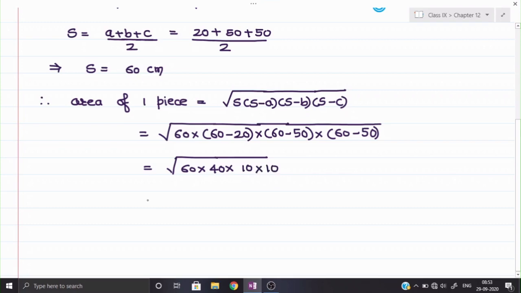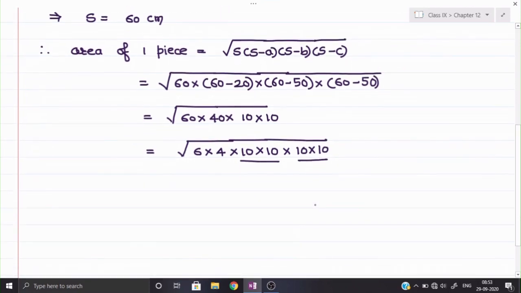Now see, 60 and 40 I will write down in this manner to form the pair. This I am writing as 6 into 4 into 10 into 10, and again two more 10s that I am writing as it is. From 60 one 10 I have taken, and from 40 also one 10 I have taken. So the two 10s are forming a pair over here, and both the 10s will go out, and here it will remain 100 under root of.